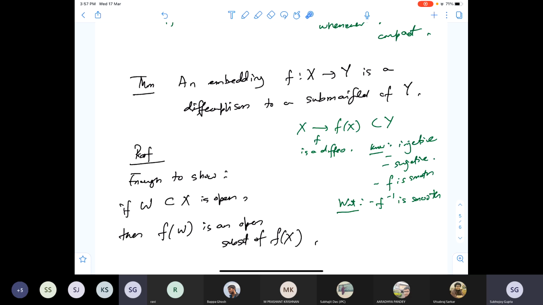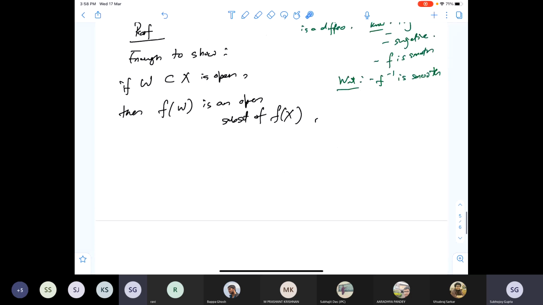So if we can show this, then we are basically done. But if this thing is not open, then you are in trouble, right? Then you can't choose those local coordinates nicely enough to know that it's a submanifold.